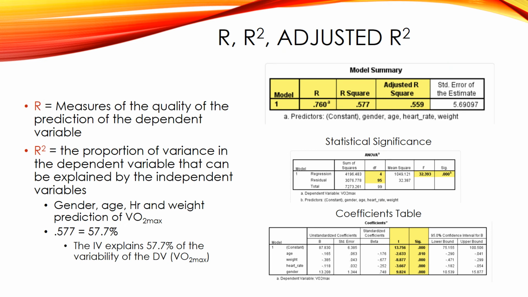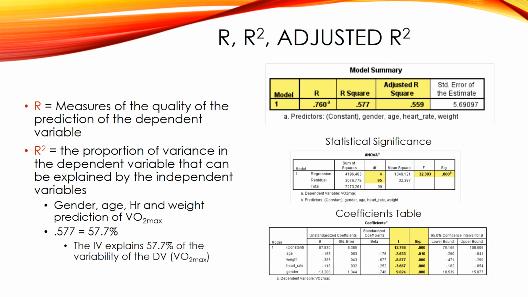Now, when we look at multiple correlations, we can use the adjusted R squared. And the adjusted R squared is, so R was the measure of the quality of prediction of the dependent variable. R squared is the proportion of variance of the dependent variable that can be explained by the independent variable. In multiple regression, we have gender, age, heart rate, and weight to predict VO2 max.